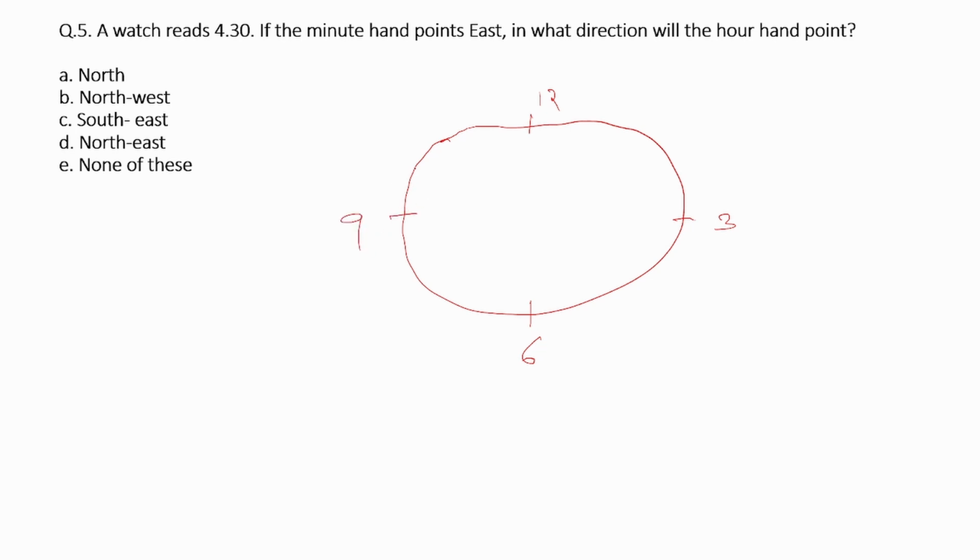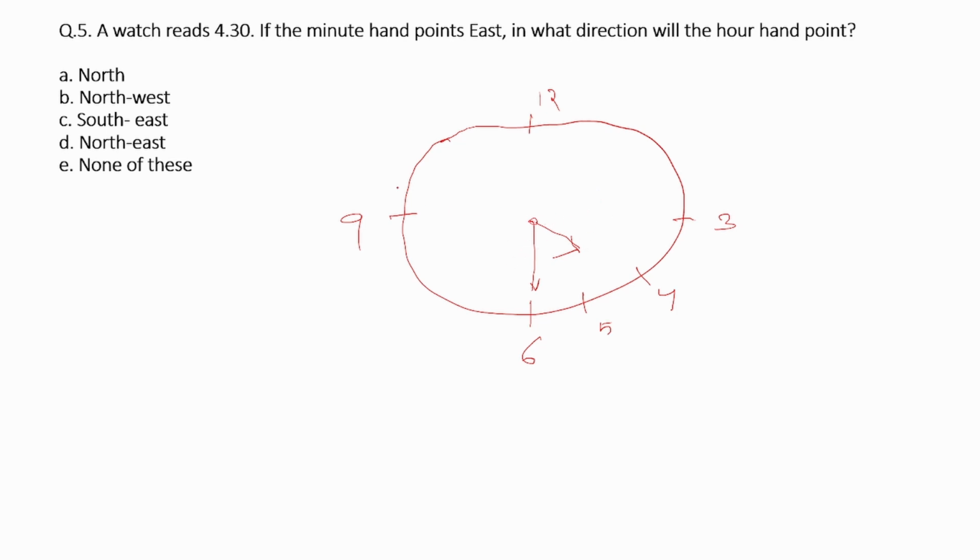A watch reads 4:30, which means this is 5, this is 4. This is the minute hand, this is the hour hand. This is the position at 4:30. The clock will show 4:30 in this manner.